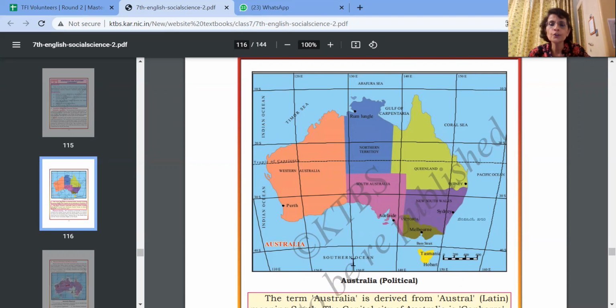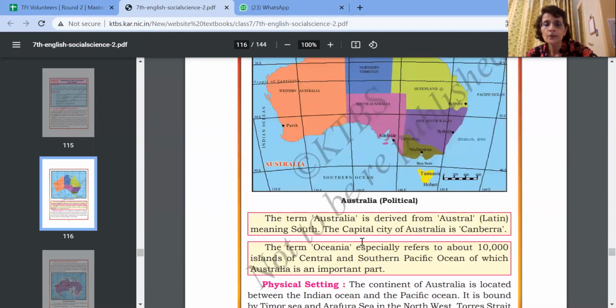This is the Southern Ocean, and this is the Timor Sea, and this is the Coral Sea. So it is almost like a very big island. It is surrounded by sea, completely surrounded by sea. So this is basically the location, and the Australian Bight is somewhere around here. It is a coral reef which is placed around this area.